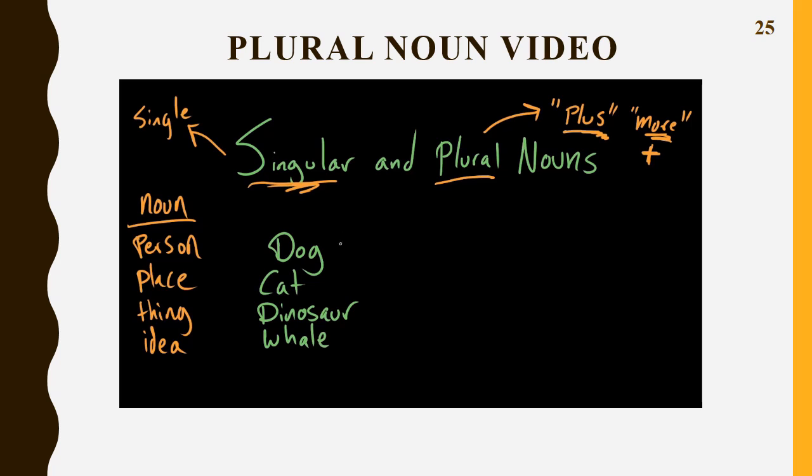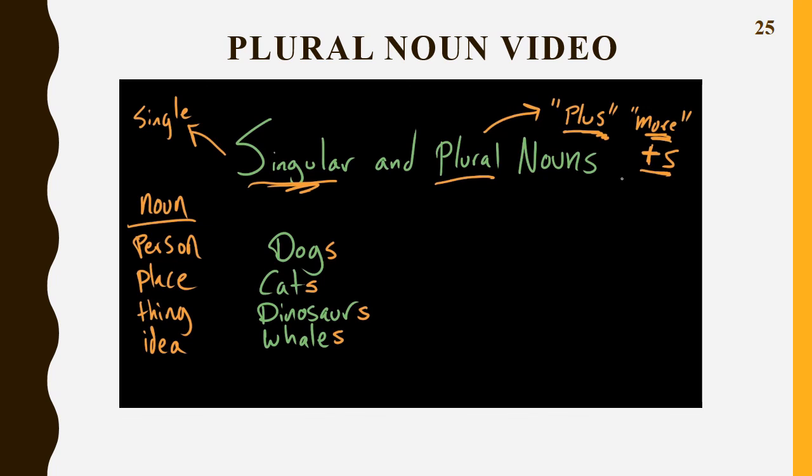And all you need to do to make it plural is very simple. You just take an S and you add it onto the end like so. Dogs, cats, dinosaurs, whales. So, if you want to make something plural, think about plus, more. All you have to do is add an S, like that.